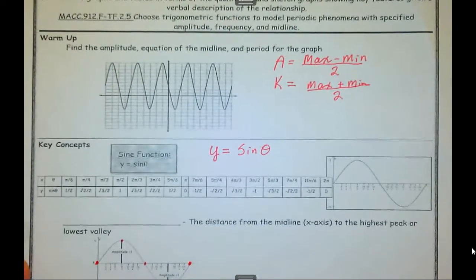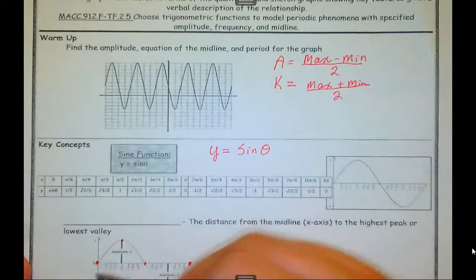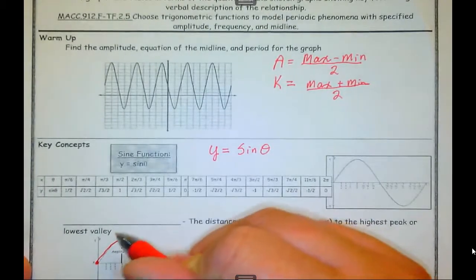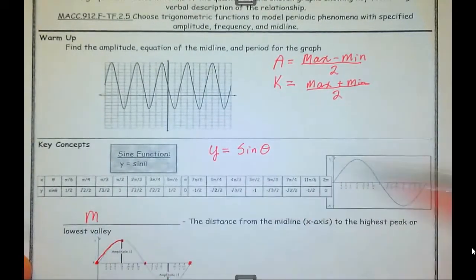This is your basic parent sine function. It starts at 0, goes up to 1. That's our max. Distance from the midline to the highest peak or lowest valley, that's our amplitude.